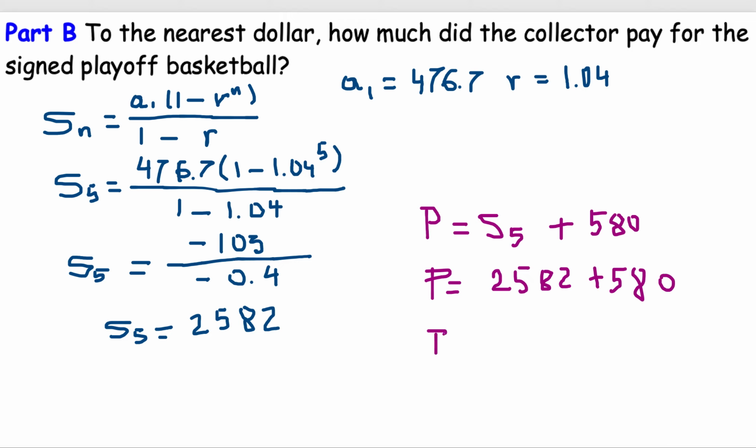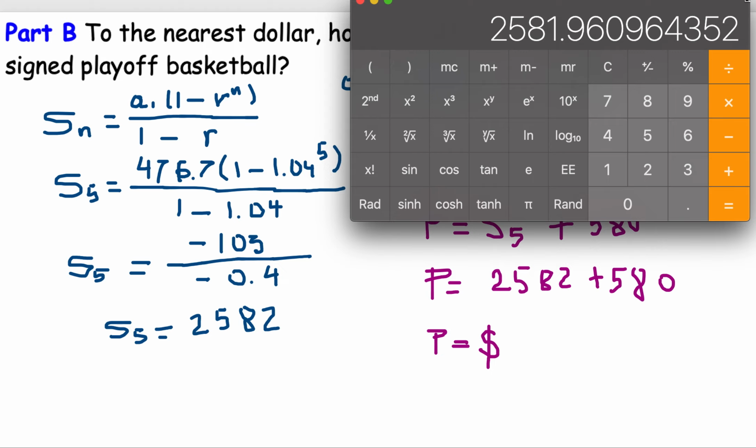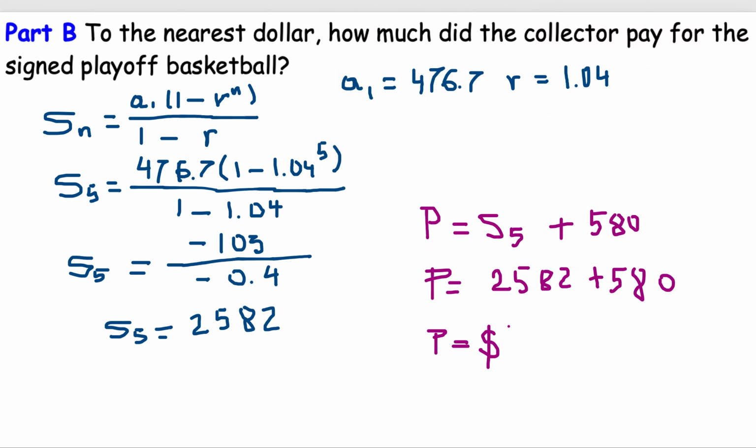Let me go to the calculator: plus 580 is equal to 3,162. So the price was $3,162. That's how much the signed basketball cost.